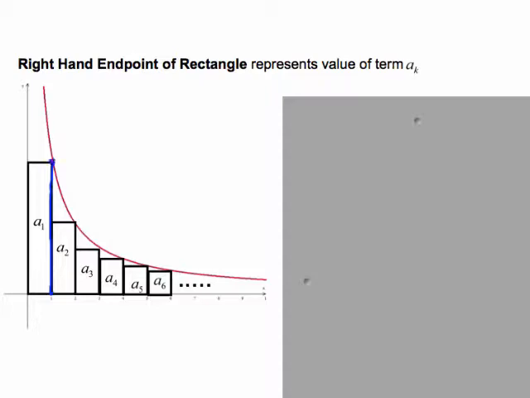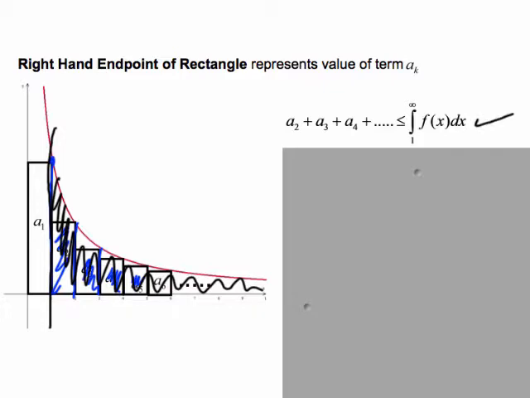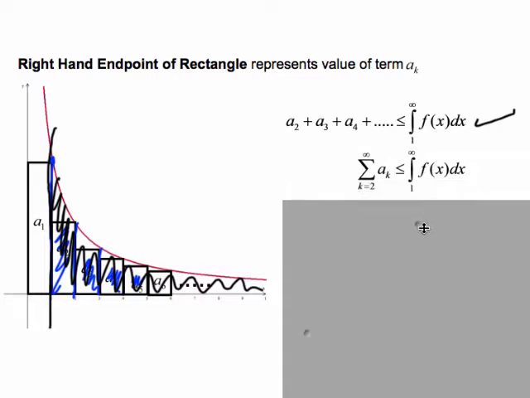So a1 is f of 1, a2 is f of 2, a3 is f of 3, etc. And from this picture, we will see that area 2 plus area 3 plus area 4, etc. is below the value of the definite integral from 1 to infinity, which represents the area under the red curve from 1 to infinity. So this statement makes sense visually from our picture. That statement can be written as so.